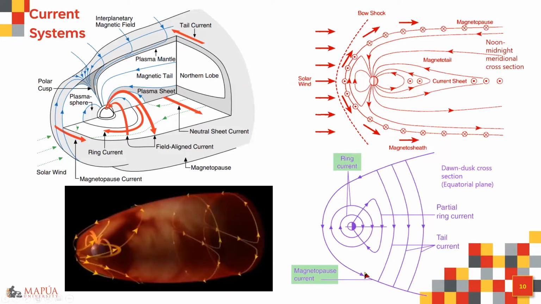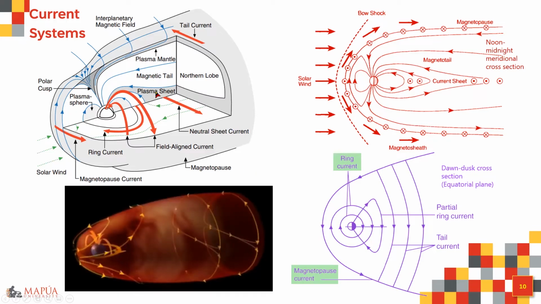So these are the major current systems present in the magnetic field of the Earth, or the magnetosphere. You have your ring currents, your magnetopause currents, and your field aligned currents. The field aligned current is basically the current present when charged particles are funneled through the polar cusps.